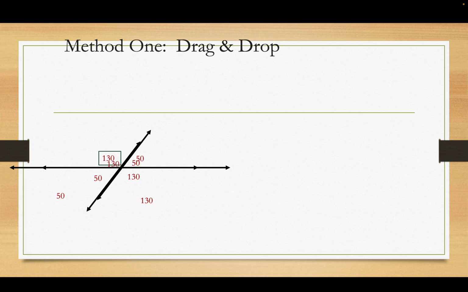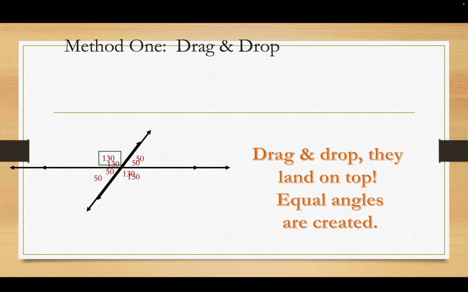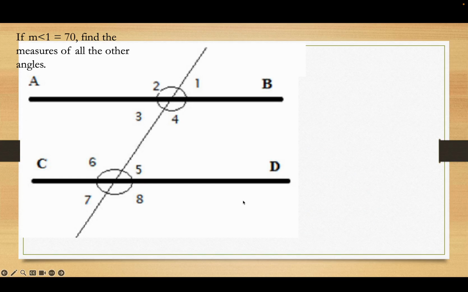We can see our nice little animations here. By drag and drop, they land on top. The ones that land on top of each other are called corresponding angles, and you get equal angles that are created.